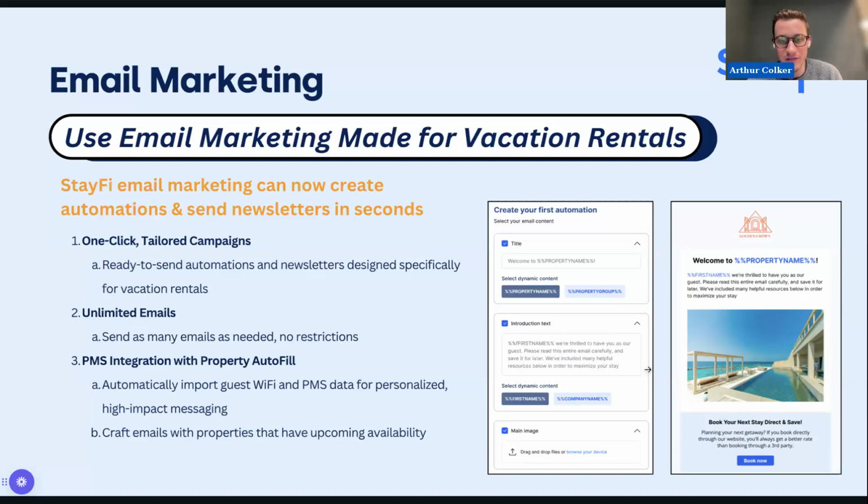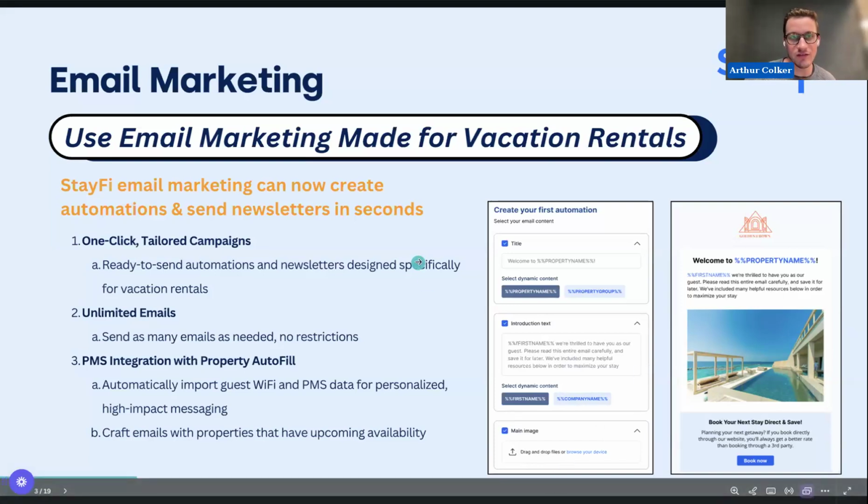So we'll find all the emails that you have potential to email, as well as other data we'll bring in. And then now we have some really cool features that actually leverage property and booking information to help you build templates as well. So we can look, for instance, and pull in information about your properties into an email, things like image, price, availability, to help you build emails even faster. And I'll show you how to do those things in StayFi.